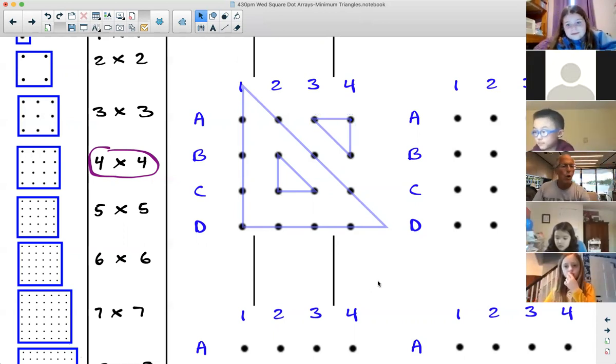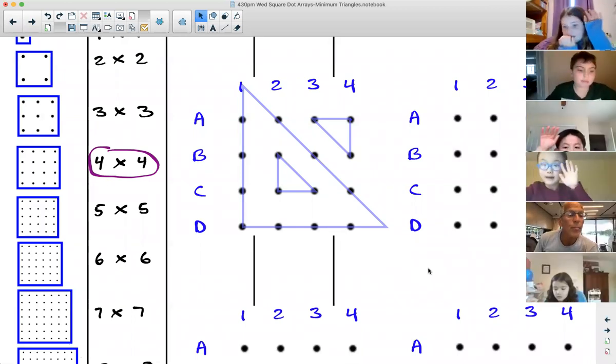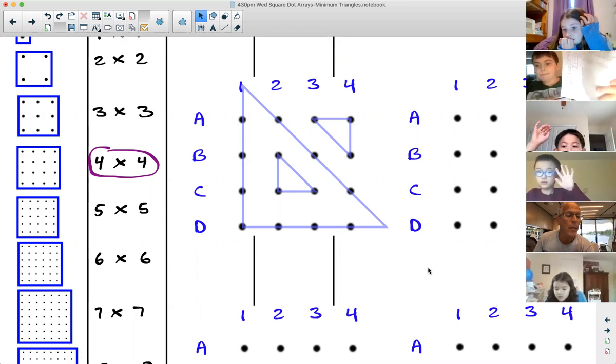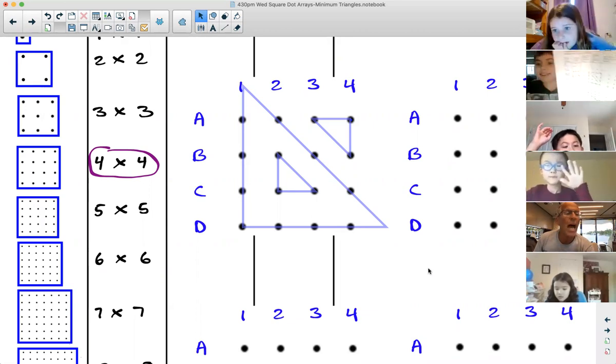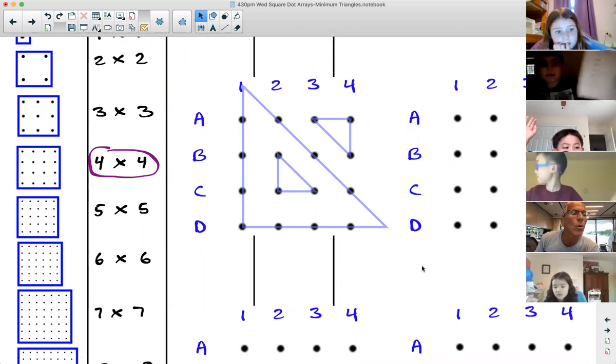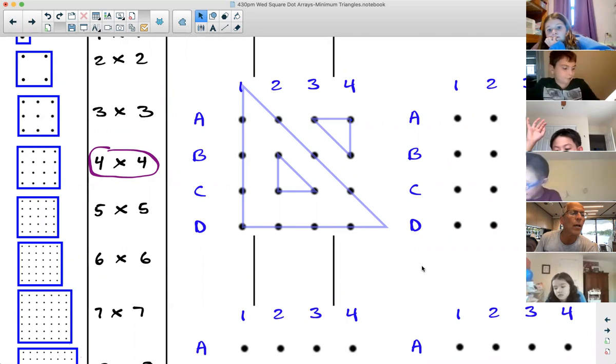I found another one. I got a different one. Oh, wait, who just said that? Jack, go for it. William and Sui, it's this. Oh, now Jack, look at C2. Tell me about C2. Does C2 have any triangles on it?